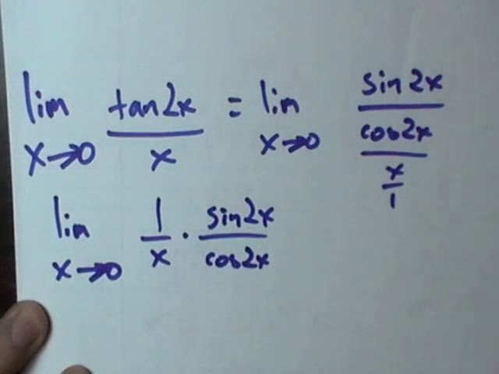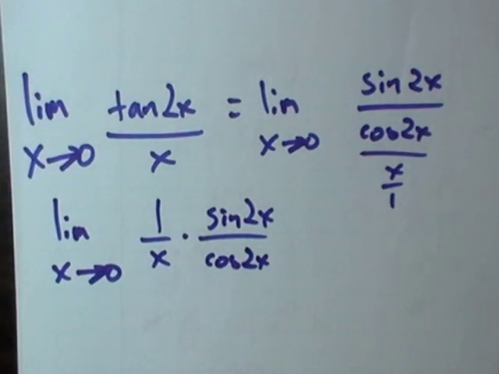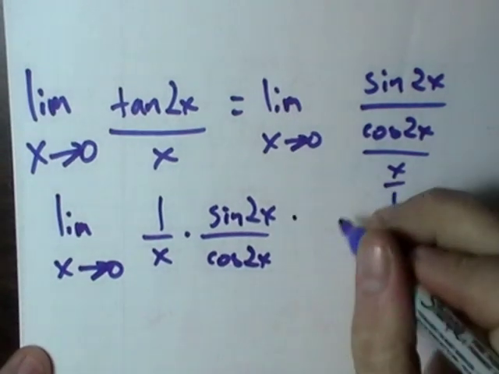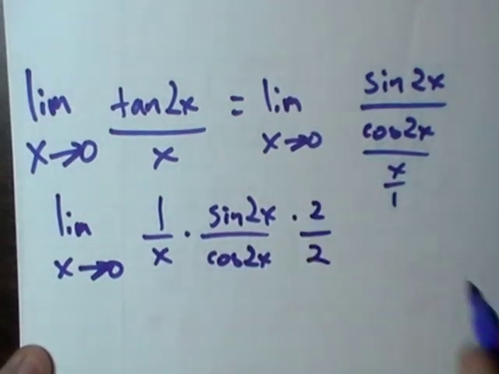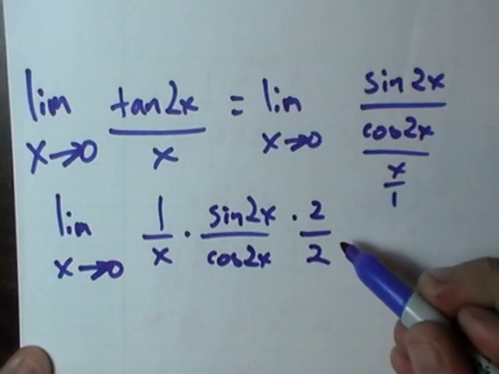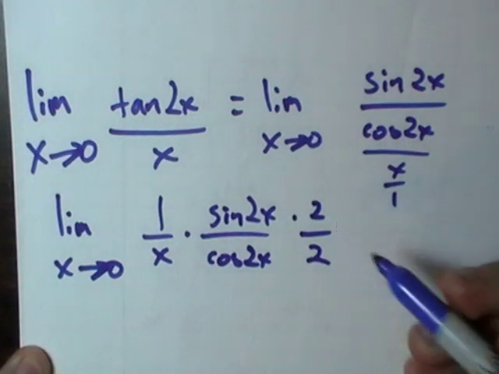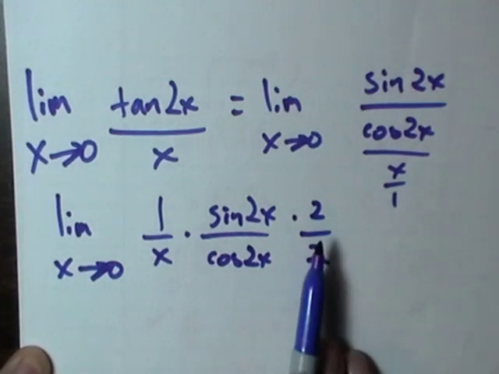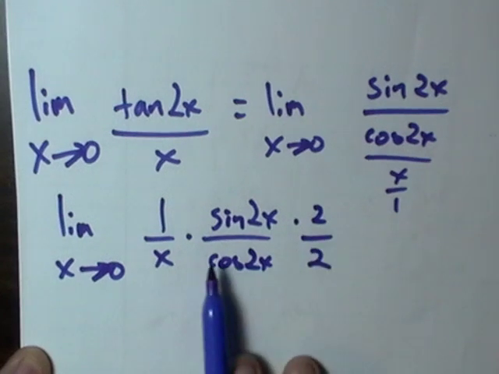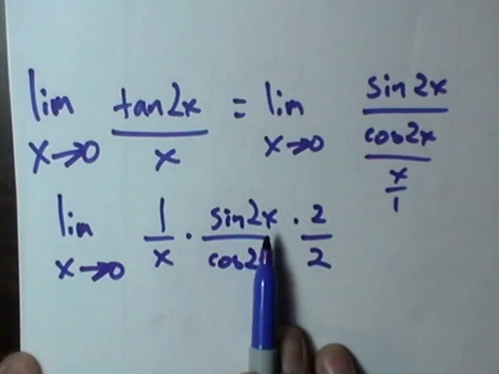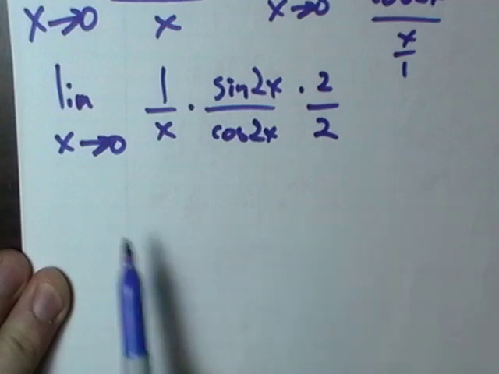Okay, so I ended up with that. And now I want to multiply both. I'm just multiplying by 1 here. And that is going to give me my 2x. So you can see it starting to form right here. Keep an eye on this one.